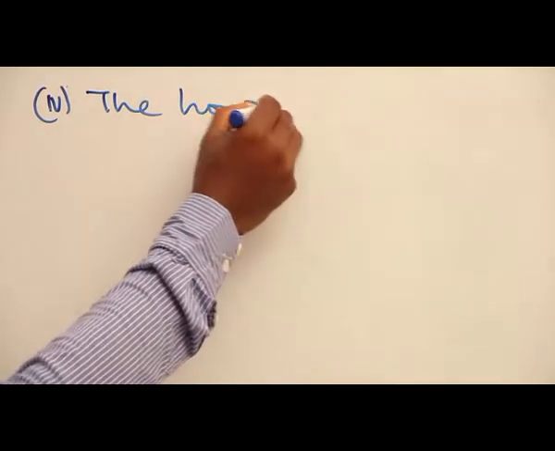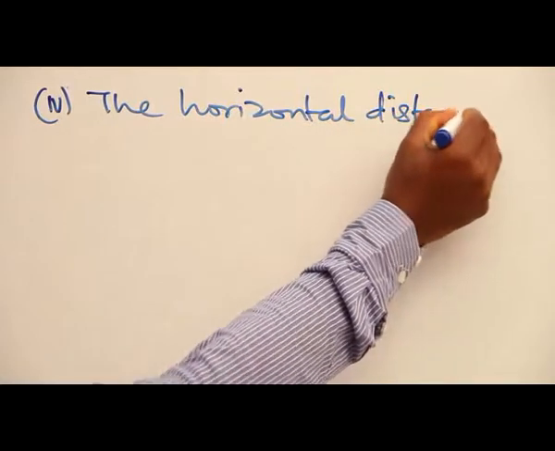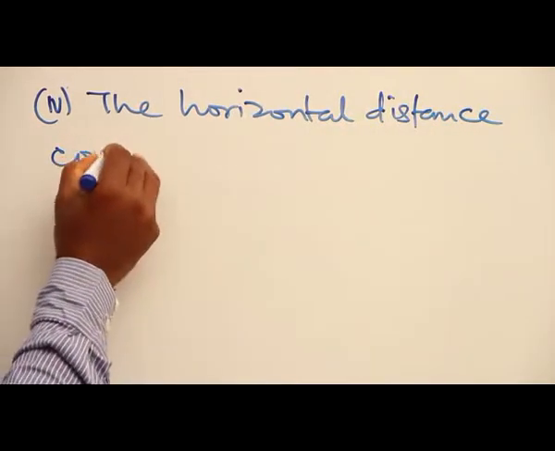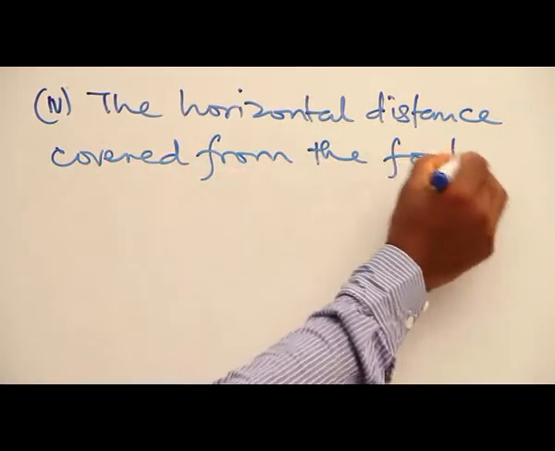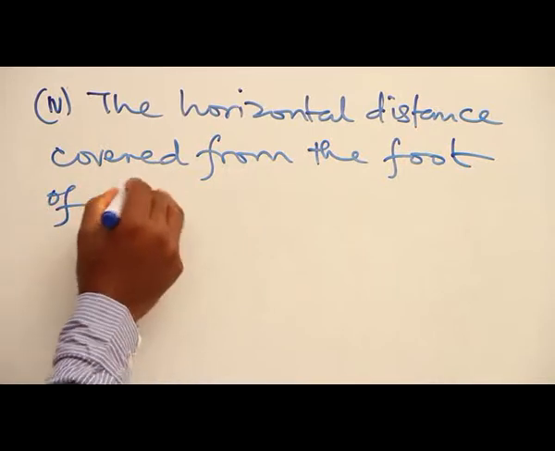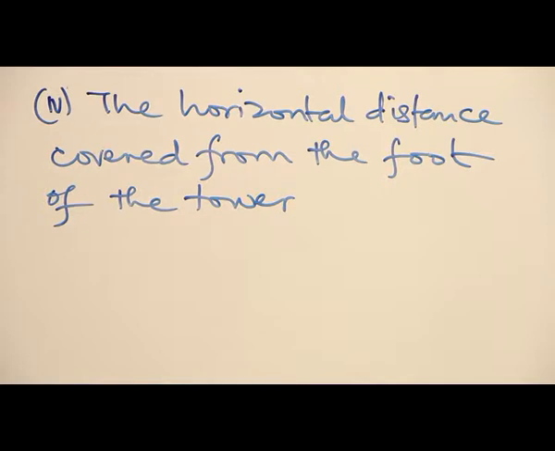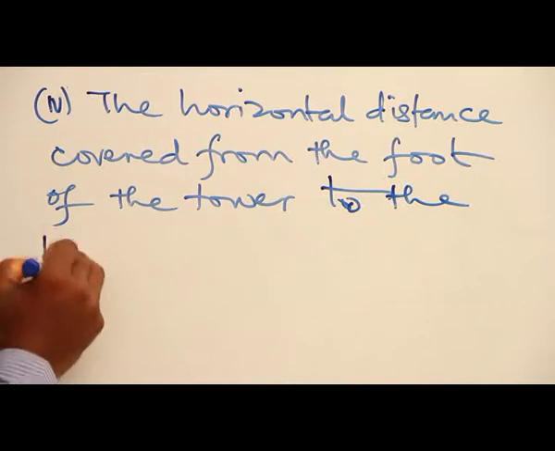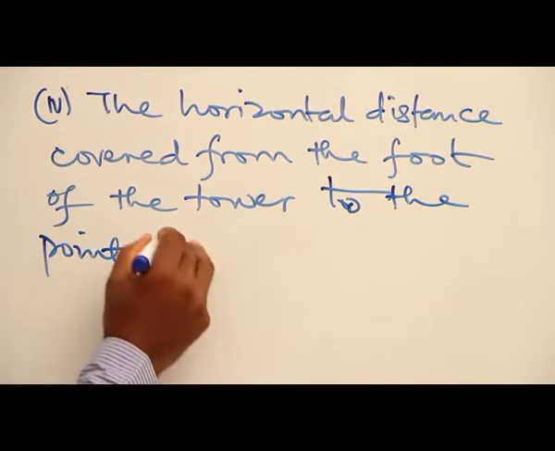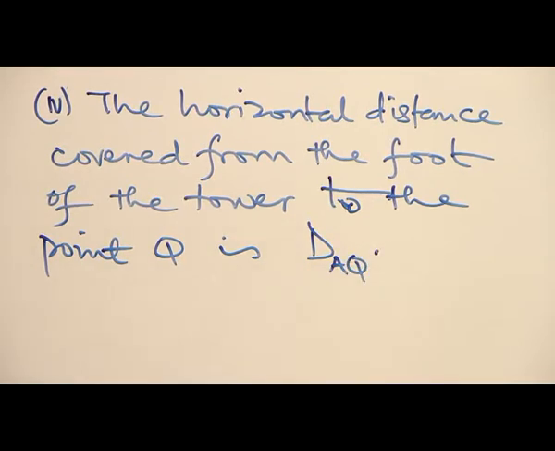The horizontal distance covered from the foot of the tower to the point Q is DAQ. That's the representation from A to Q.